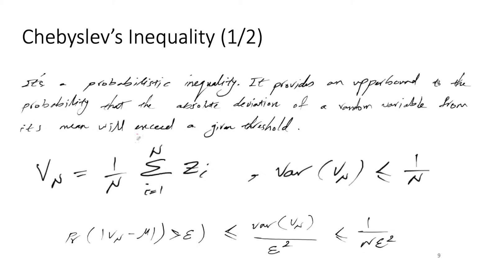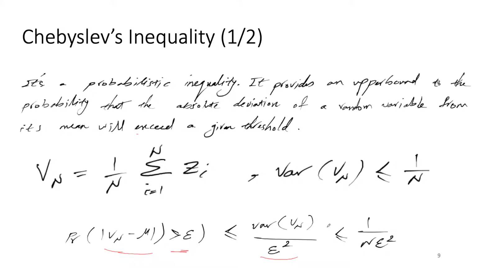So we can define the probability of Vn minus mu greater than epsilon is always equal or smaller than the variance divided by epsilon squared, and this value itself is smaller or equal than 1 over n, which was the number of samples, divided by epsilon squared as well.